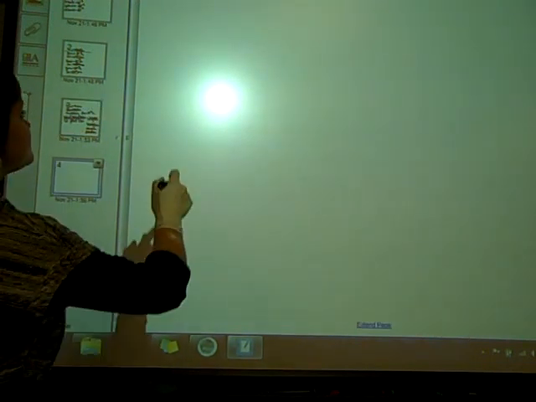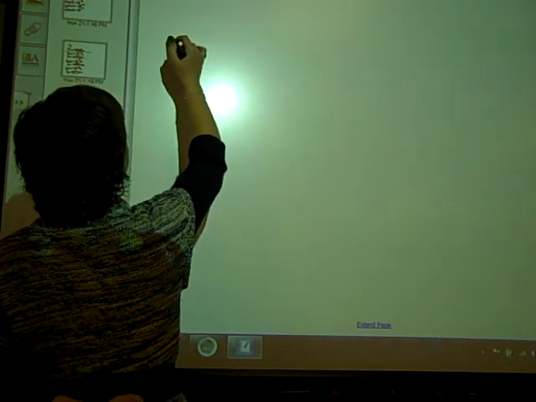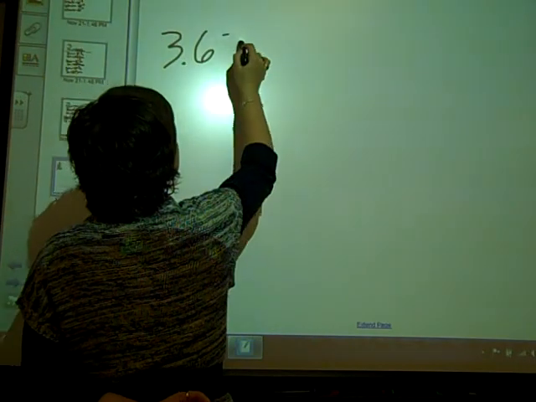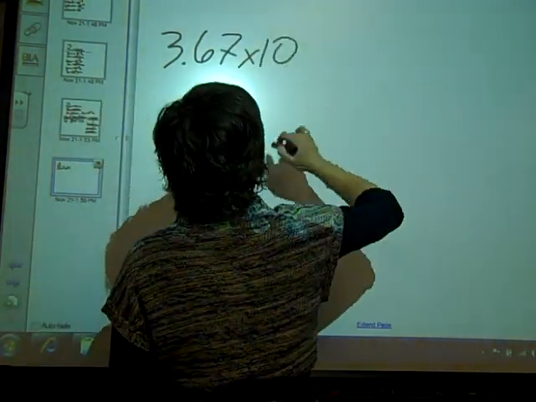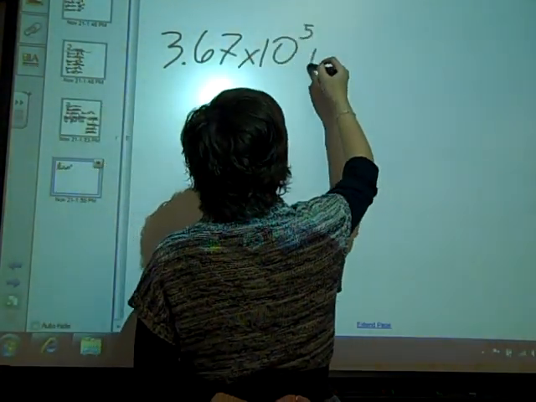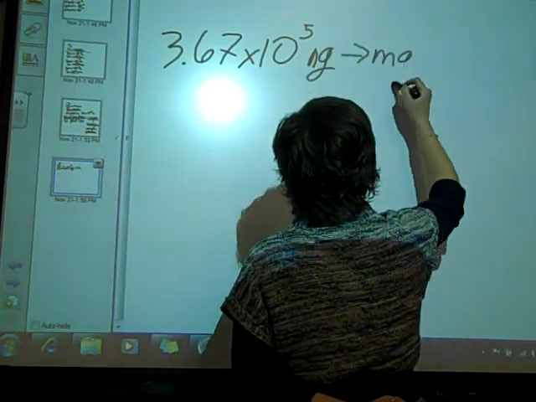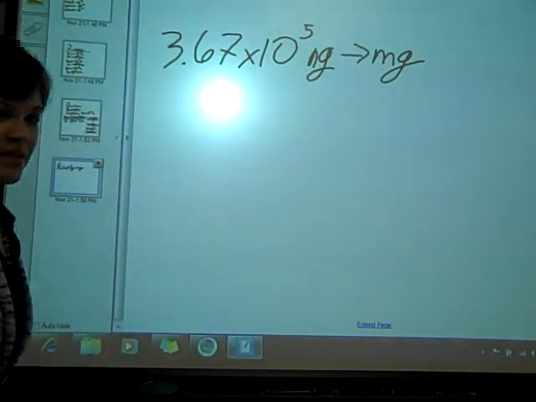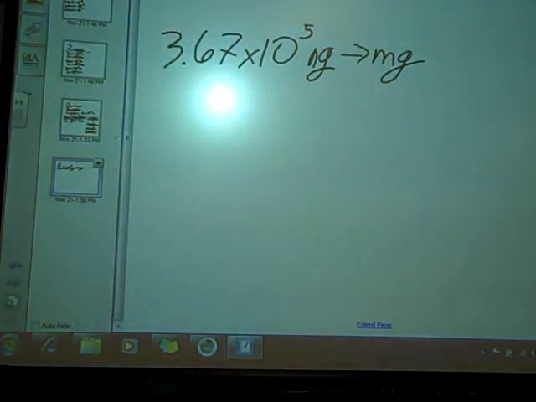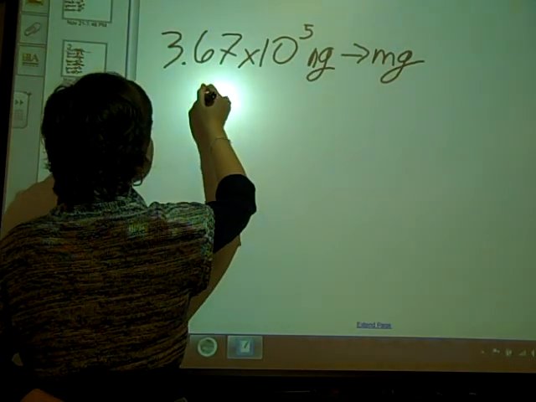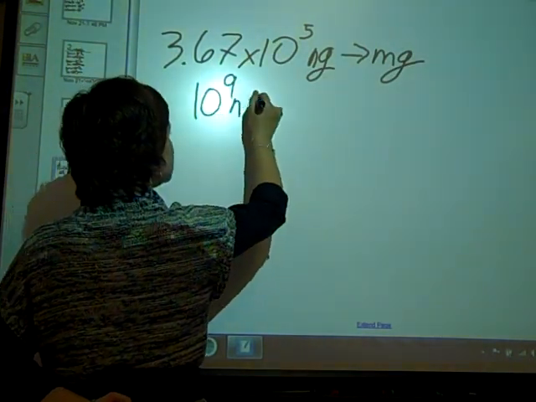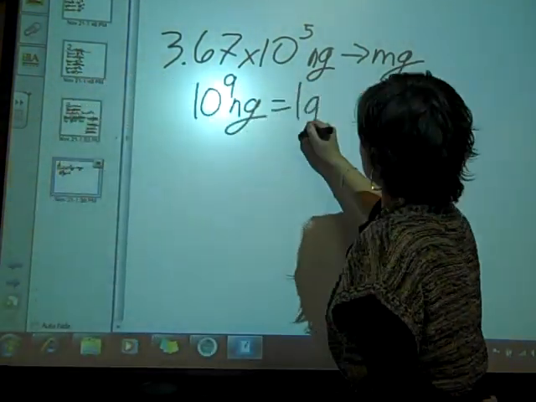Let's try another one. Let's do grams this time. So let's go from 3.67 times 10 to the 5th nanograms, and let's take those to milligrams. Again, I highly recommend that you go from your starting unit to your base unit. It just eliminates a lot of simple mathematical errors. So, nanograms to grams.